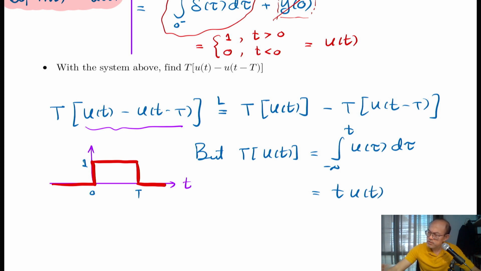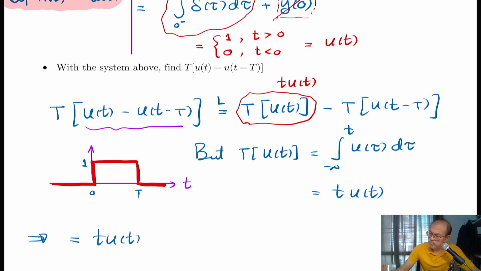So this is equal to t u(t) minus T of u(t minus T).